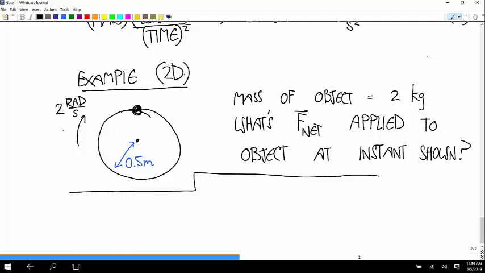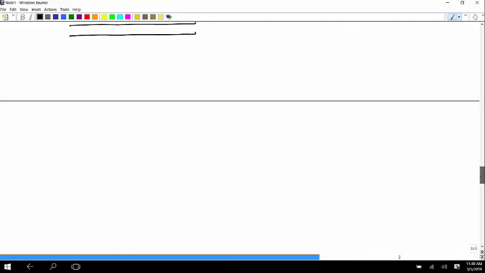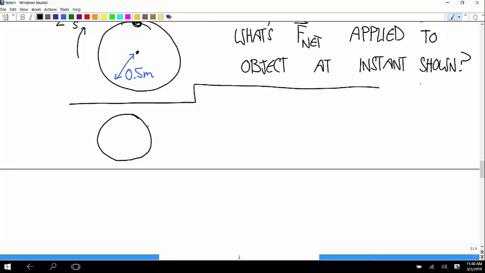So, this is a constant angular velocity of 2 radians per second clockwise. The first thing we have to do is figure out the acceleration at this point. And to do that, I'll draw the path.